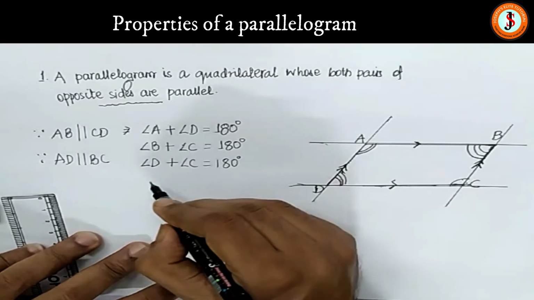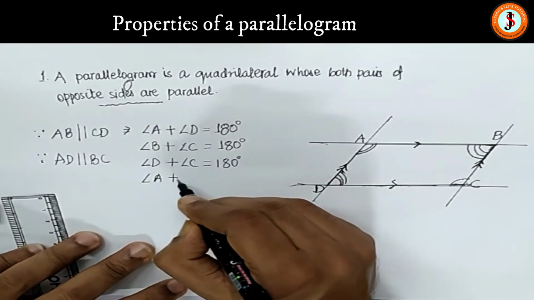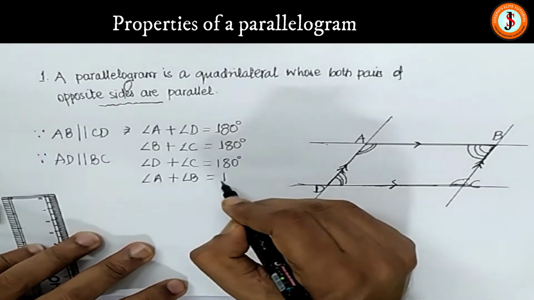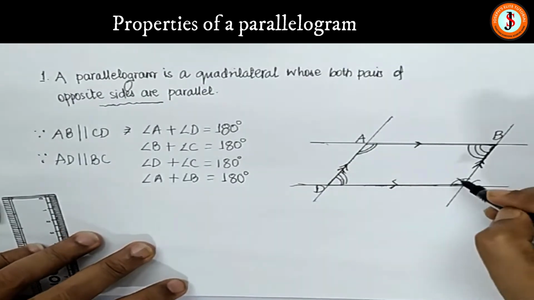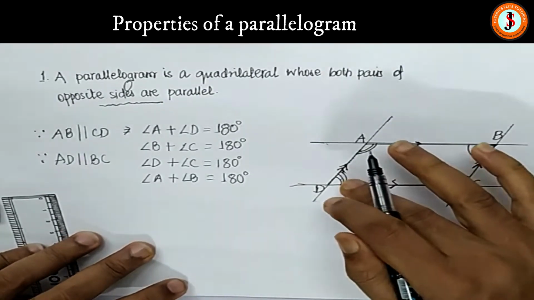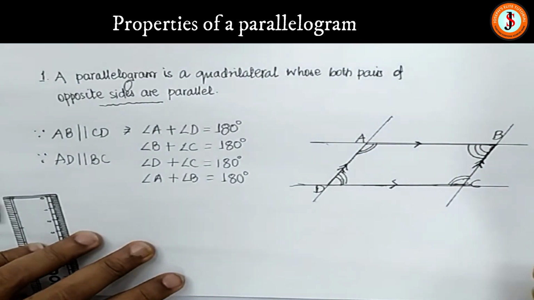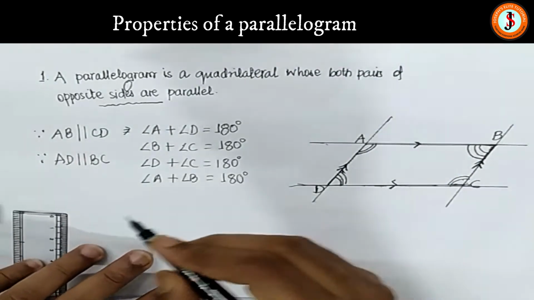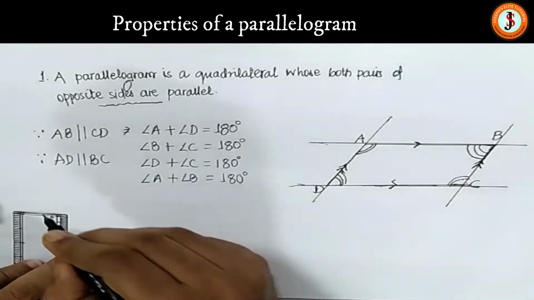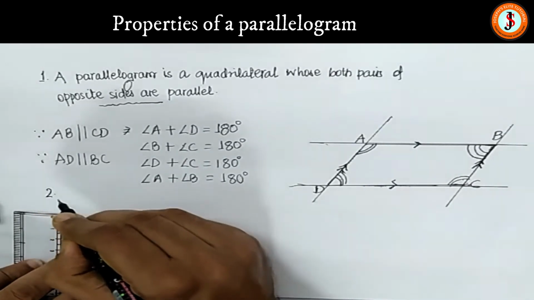And angle A plus angle B will also be 180 degrees. So what we are getting is that every consecutive pair of adjacent angles is 180 degrees, or supplementary.